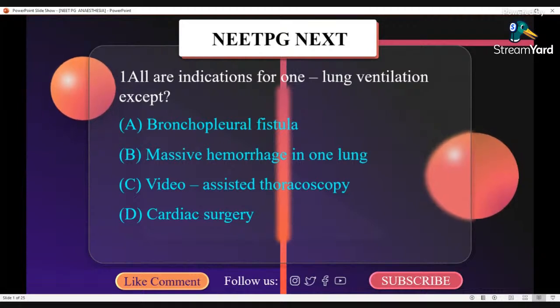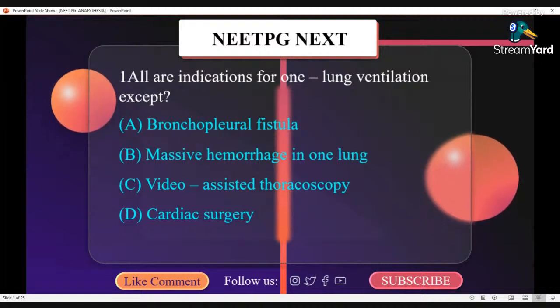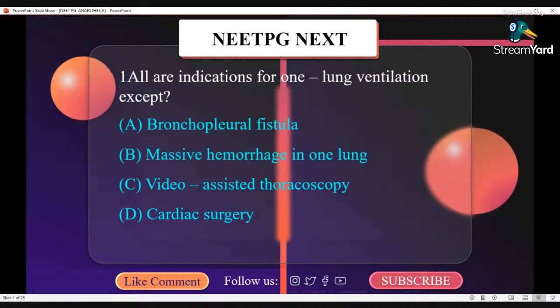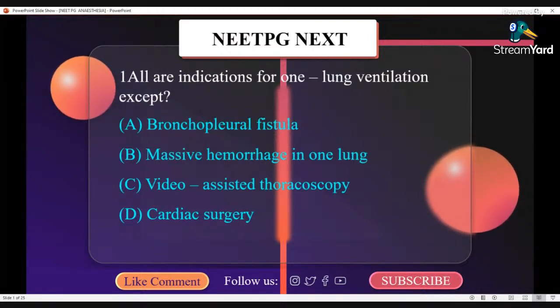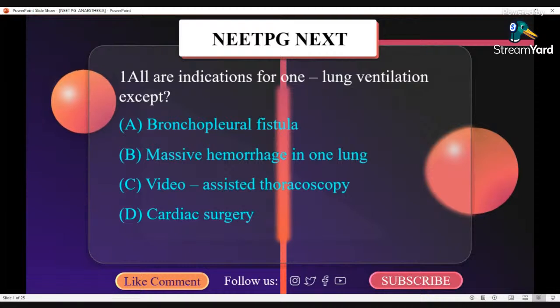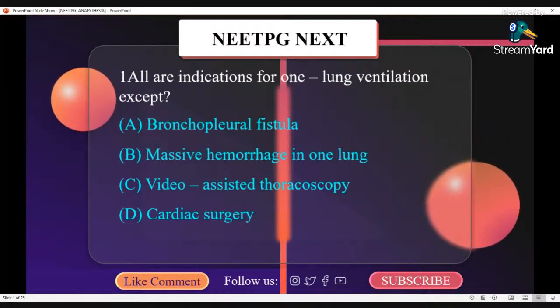Now, what is one lung ventilation? One lung ventilation, or OLV, or lung isolation, is frequently employed for intrathoracic surgical procedures and also used in situations where the pathology may affect one lung but not the other.